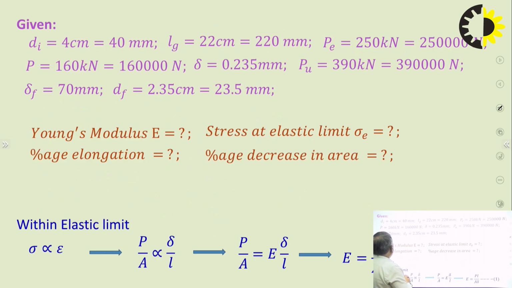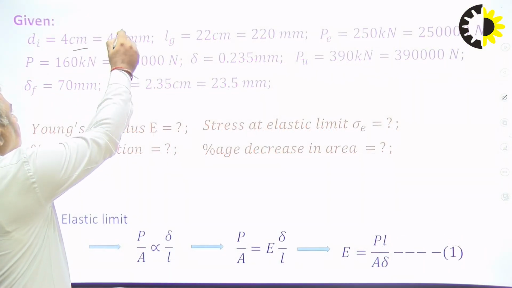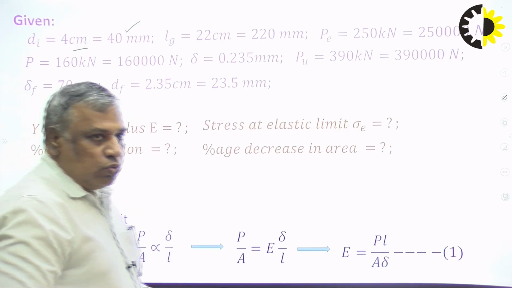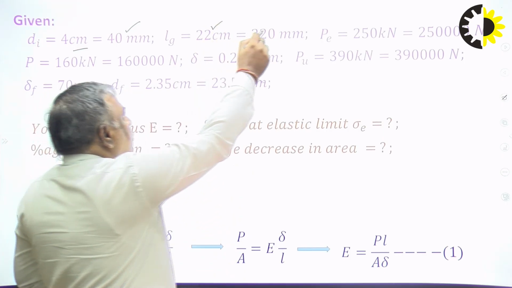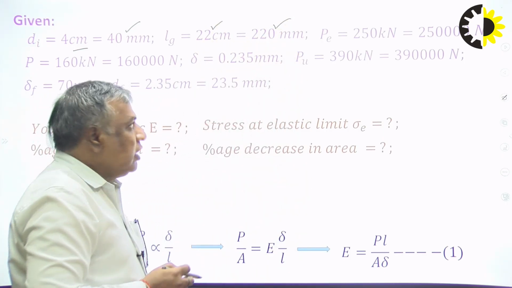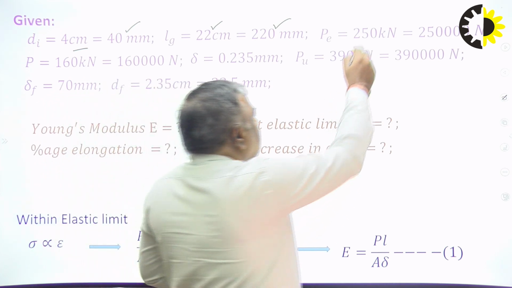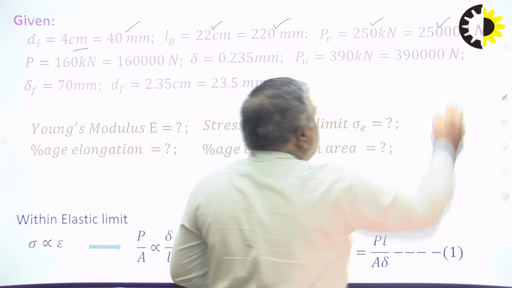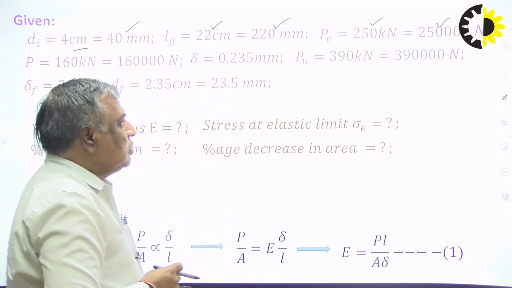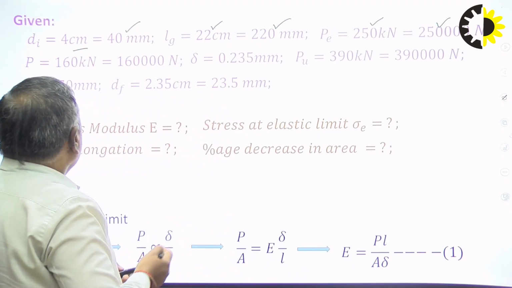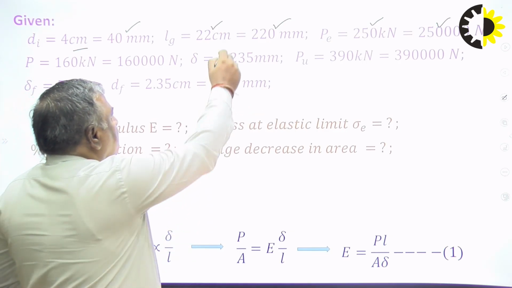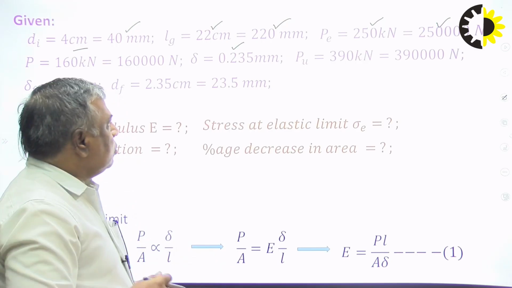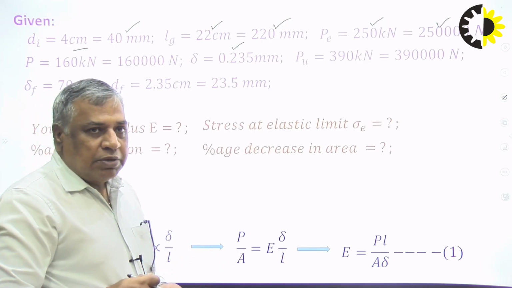So it is given the initial diameter is 4 centimeter, which will be converted into 40 millimeter. Gauge length is given 22 centimeter, so it will be 220 millimeter. Elastic load is 250 kilonewton, that is 250,000 Newton. Then the load of 160 kilonewton, corresponding to this load, the deflection of 0.235 mm is given.